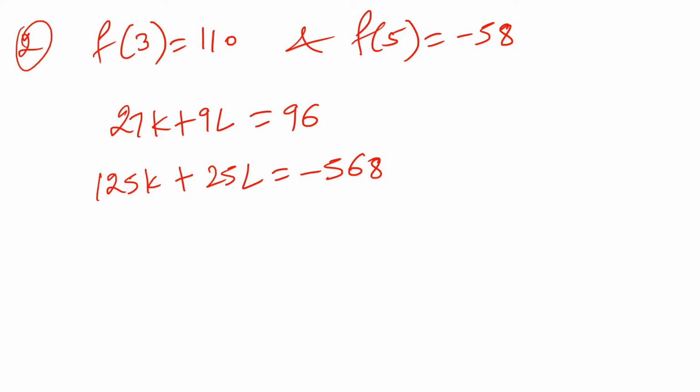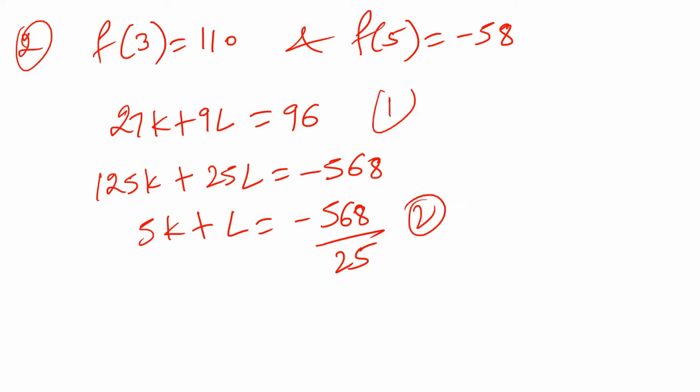If we divide the second equation by 25, we'll get 5k plus l equal to minus 568 divided by 25. Now this is our second equation. This is the first one. To solve the first and second equations mutually, let me multiply the second equation by 9. I'm using the coefficient elimination technique. I am not interested in finding this complicated value.